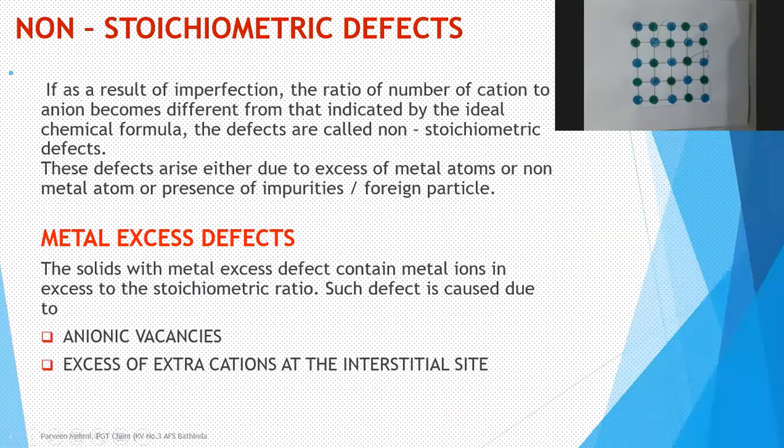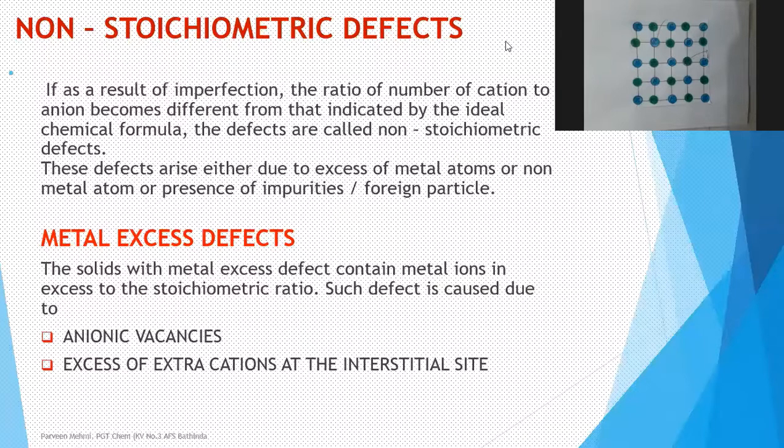Non-stoichiometric defects. If as a result of imperfection, the ratio of the number of cations to anions becomes different from that indicated by the ideal chemical formula, the defects are called non-stoichiometric defects. These defects arise either due to excess of metal atoms or non-metal atoms, or presence of impurities or foreign particles.